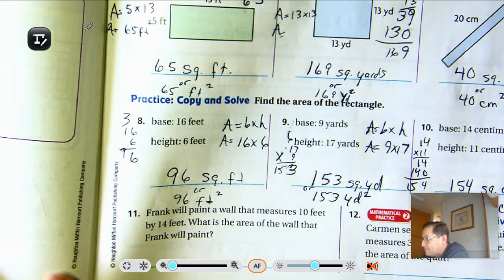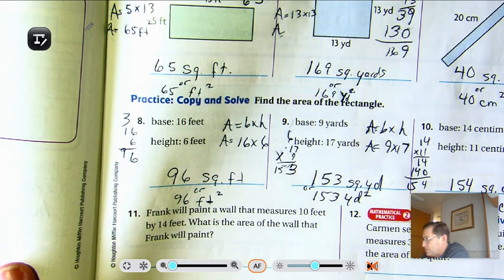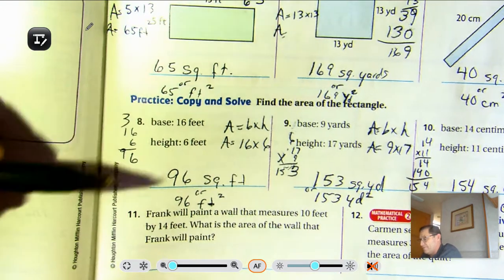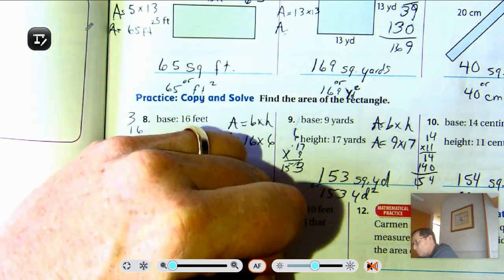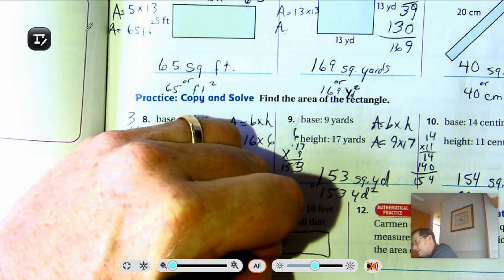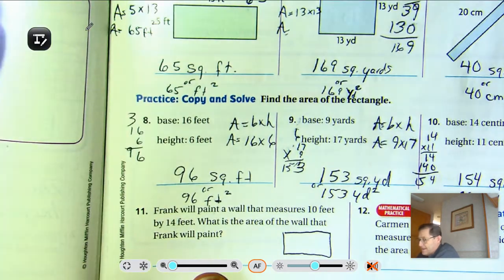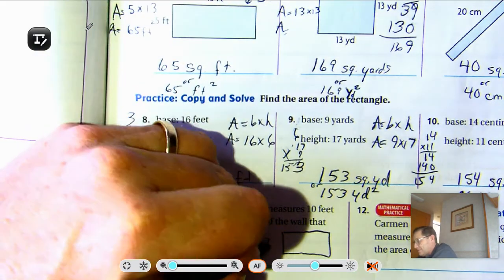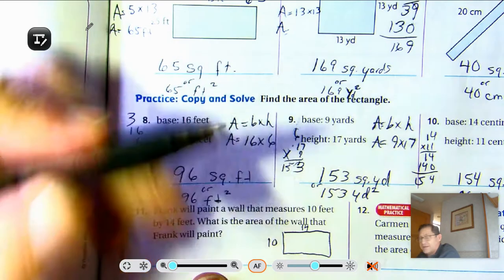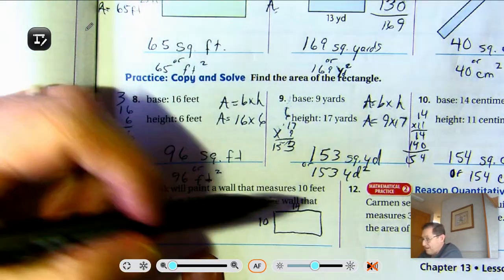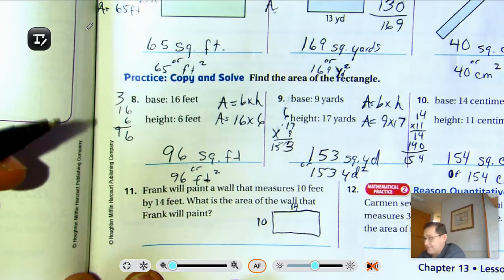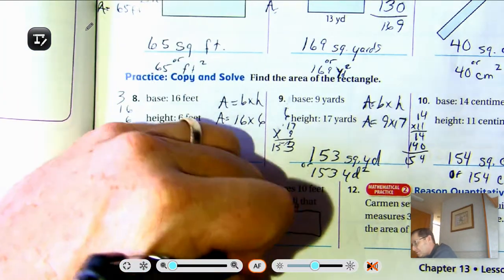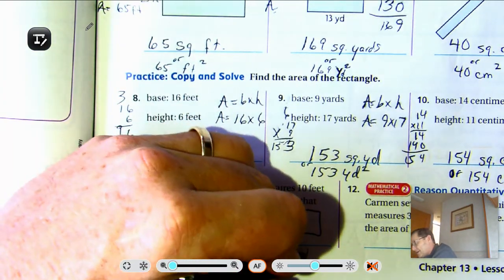Okay, number 11. Frank will paint a wall that measures 10 feet by 14 feet. What is the area of the wall that Frank will paint? So walls are typically rectangle shape, and it's saying 10 by 14. Okay, doesn't matter which one we have as 10 or the 14. So area equals base times height.